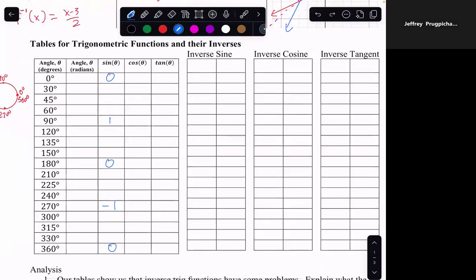Okay, so 0 degrees comma 0 becomes 0 comma 0 degrees. 90 degrees comma 1 becomes 1 comma 90 degrees. 180 degrees, 0 becomes 0, 180 degrees. 270 degrees, negative 1 becomes negative 1, 270 degrees. And 360 degrees, 0 becomes 0, 360 degrees. All right, so this would be part of the table of values for this function called inverse sine.